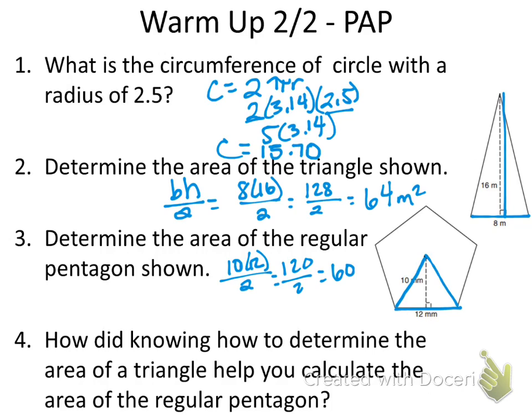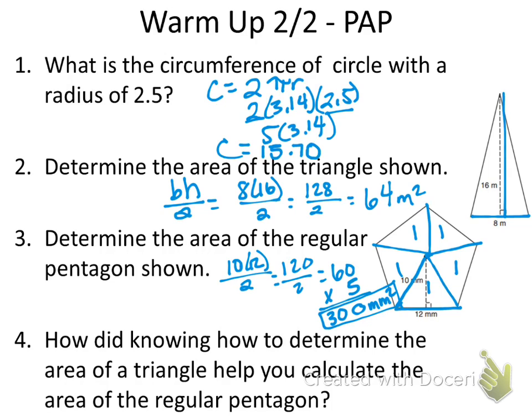So that one triangle is 60. How many of those triangles do I have? If I draw on my pentagon, I have 1, 2, 3, 4, 5 of those triangles. So all I have to do is 60, because that's what 1 is, times 5. Our final answer is 300 millimeters squared for the area of that pentagon.